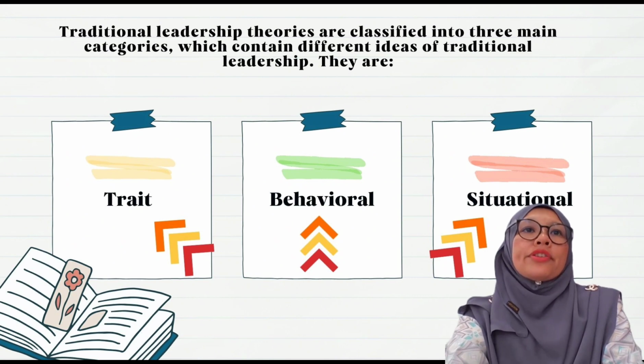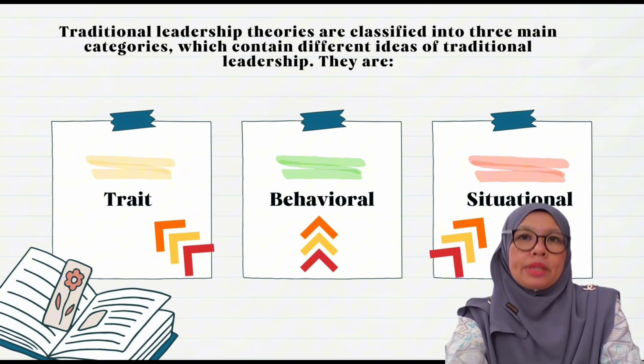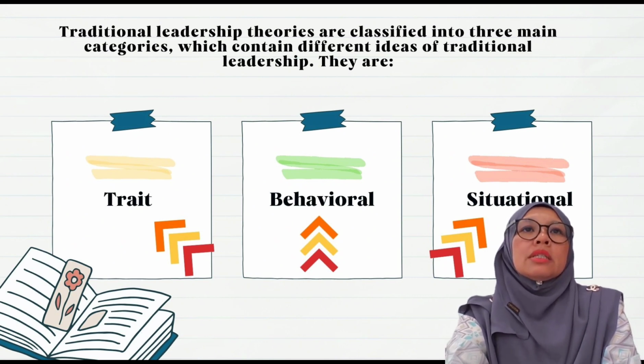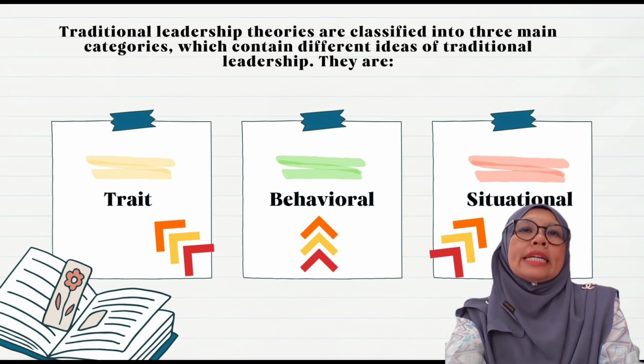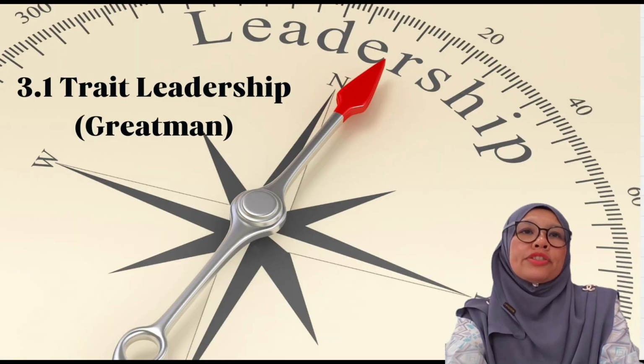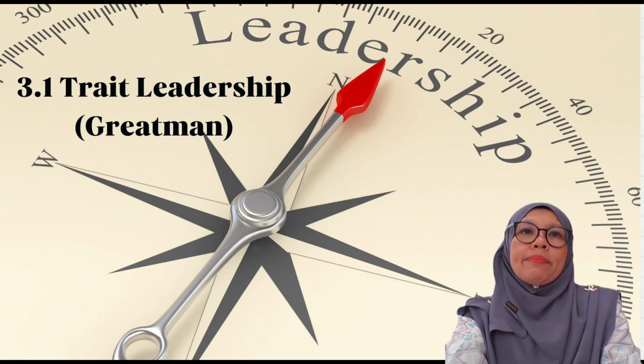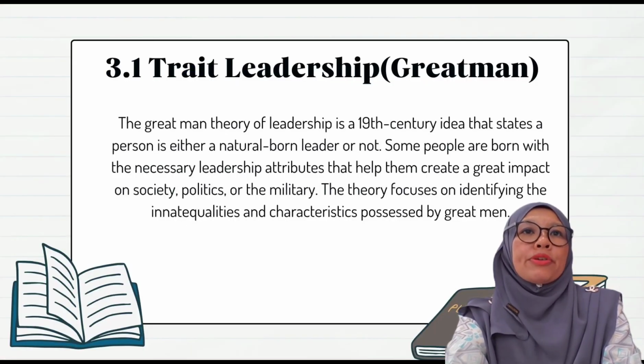Next, traditional leadership theories are classified into three main categories: traits, behavioral, and situational. Let's come to trait leadership first. Trait leadership is the great man theory of leadership from the 19th century.